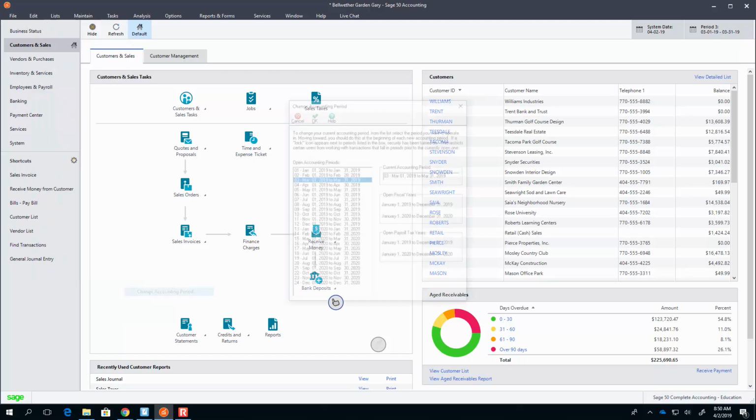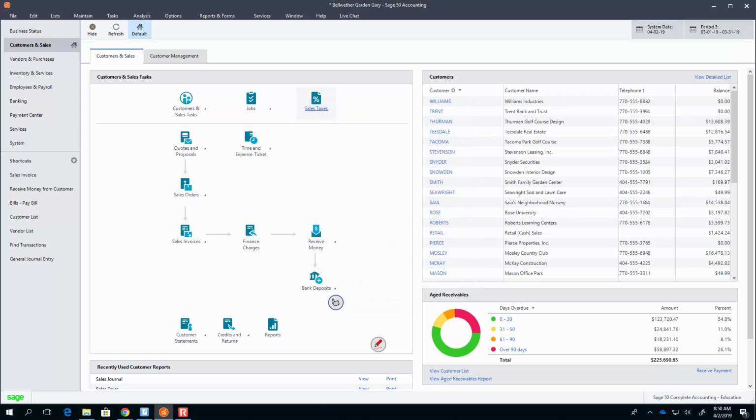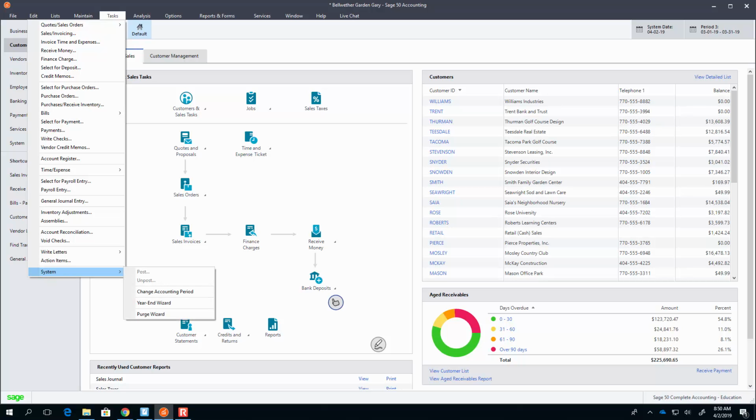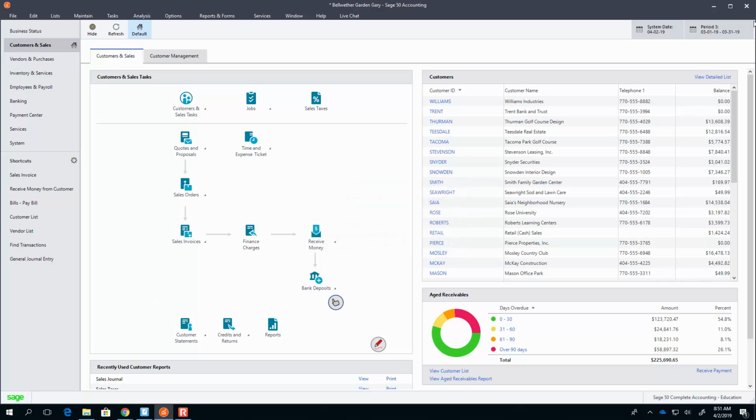Well, that's just change. I want tasks, system, ending. That's still not it. That's the year end, and I don't want the year end. I guess you can do it here too.